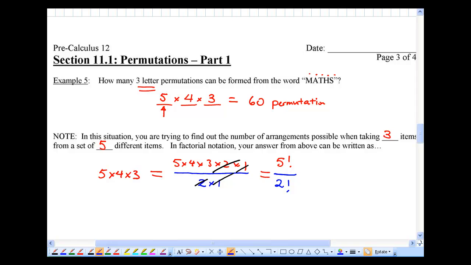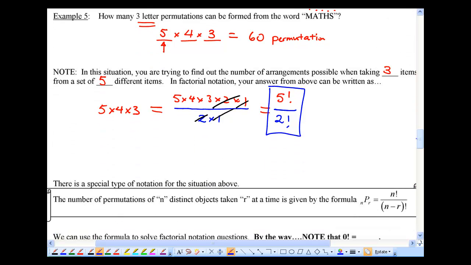So ultimately what you've seen here now is if I ask you, if you're taking 3 items from a set of 5 different ones, in factorial notation, the answer is just 5 factorial divided by 2 factorial. Okay? And this is a special type of permutation from the situation from above, and that's why they have another scroll here that you need to know for part 1.